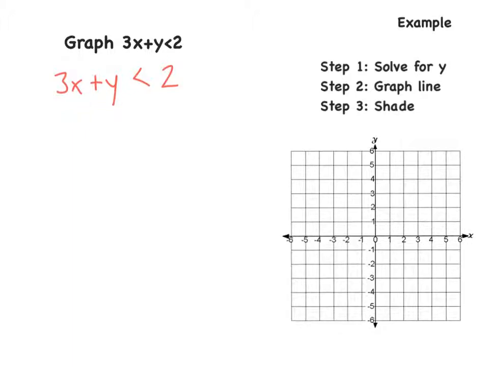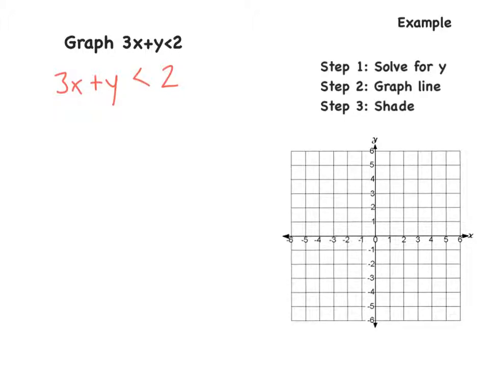So here we have an example. I want you to graph 3x plus y is less than 2. So I have our quick little steps over here for us to look at. Now, step 1, solve for y. With this, basically I mean move everything over to the right, or move everything away from the y. Think of this less than as an equal sign.